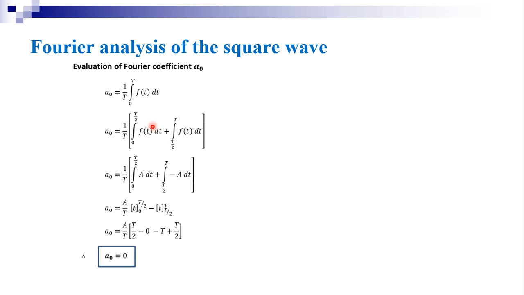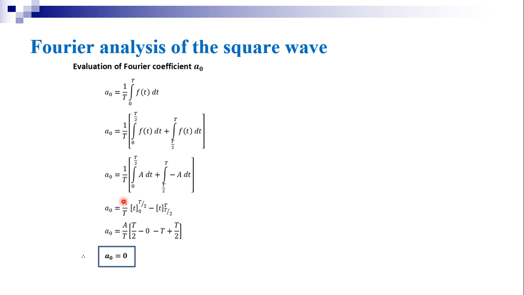So we can substitute for f of t. The function f of t is equal to A when the time limits are 0 and T by 2. Similarly, the function f of t can be represented as minus A between the time limits T by 2 to T. Now, if we integrate this function, we will get A into t, and here also we get A into t.